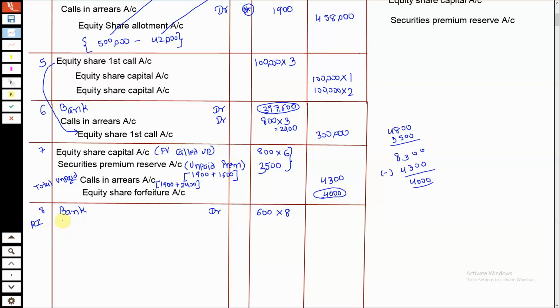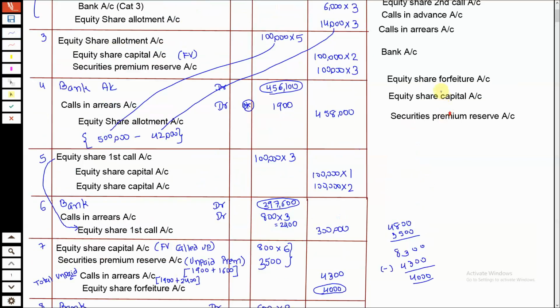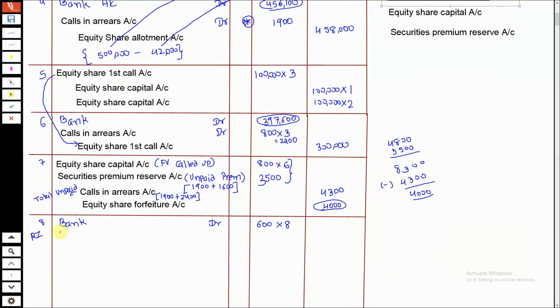Acha, you have given discount, so discount goes in share forfeiture account. Okay, so here I am going to debit share forfeiture account because shares are reissued at discount.